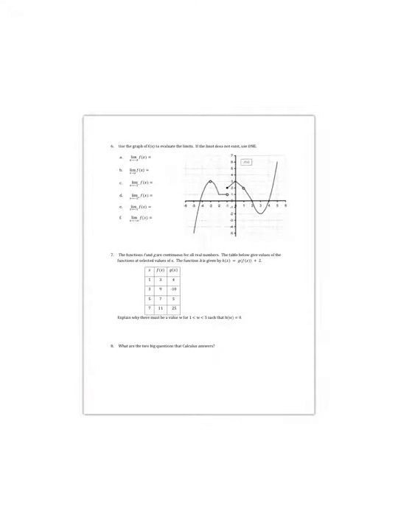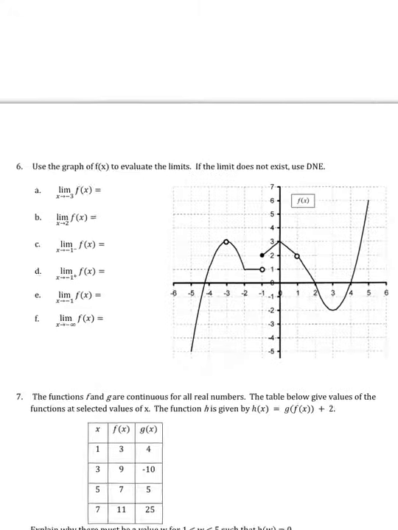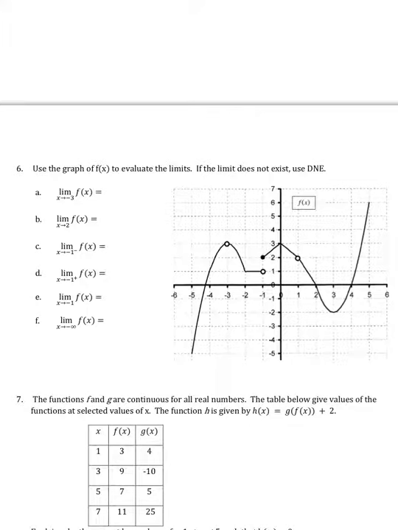All right, let's look at some limits on a graph here. So we've got a graph of a function, pretty interesting, crazy looking function here. First limit as x goes to negative 3. So we have an x value of negative 3. So we want to ride the function as we approach an x value of negative 3.